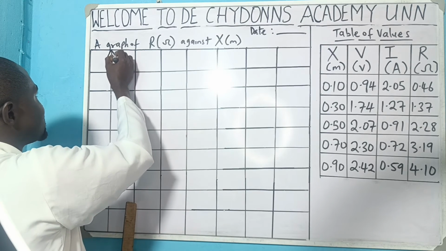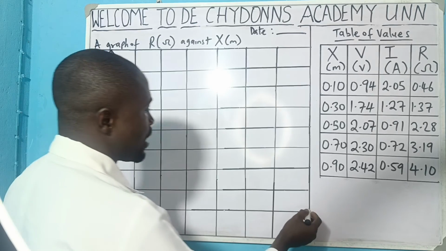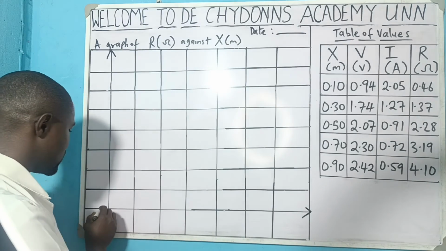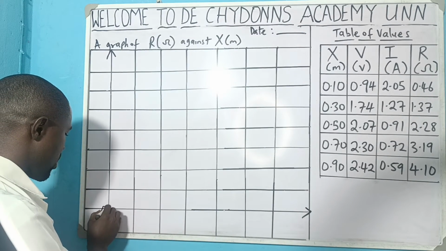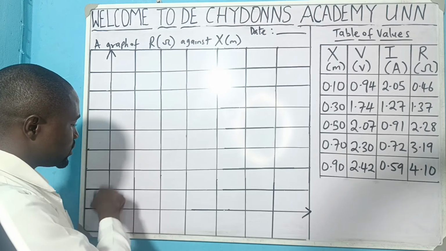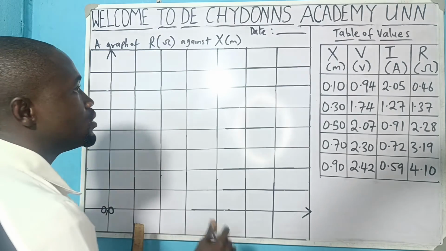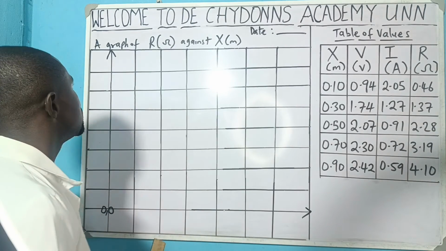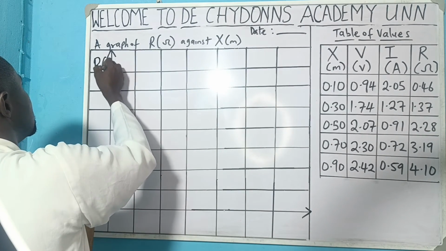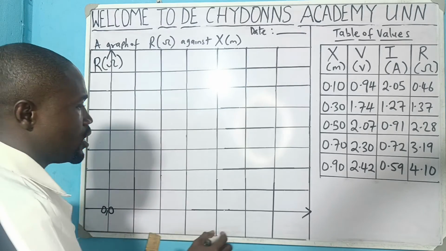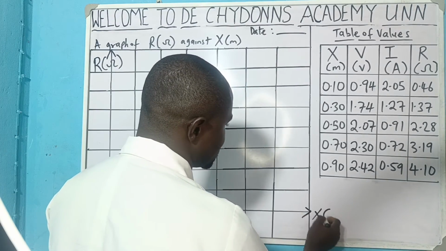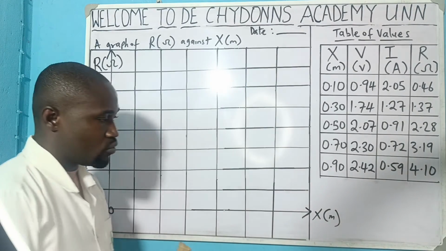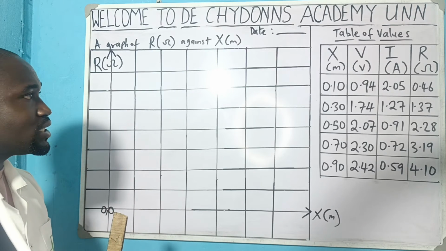I put my Cartesian axis here, and this becomes 0, 0. That means I'm starting from the origin. So this is my R, the vertical axis. R is in ohms and X is in meter.